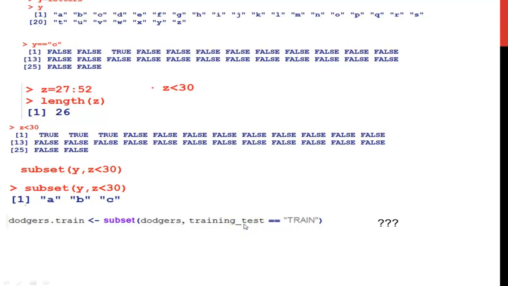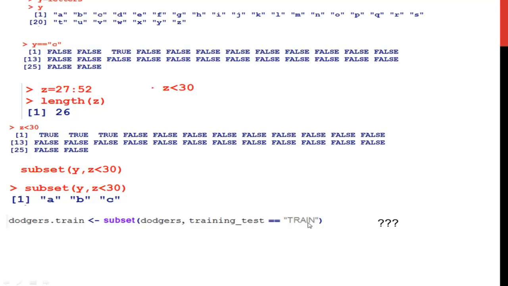But remember, when we turned it into a factor, we gave it labels. We called it train and test. So what is this doing? Just this part here, what is this? It's a Boolean vector. Some of them are equal to true, and some of them are equal to false.